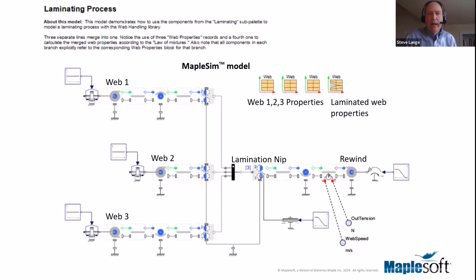Each web has its own property block, and then there is a laminated web property block, which basically uses a rule of mixtures formulation to calculate what this laminated web property is going to be. And then we run it into a rewind, and we can look at things like the strain at this lamination nip as an output in the simulation.